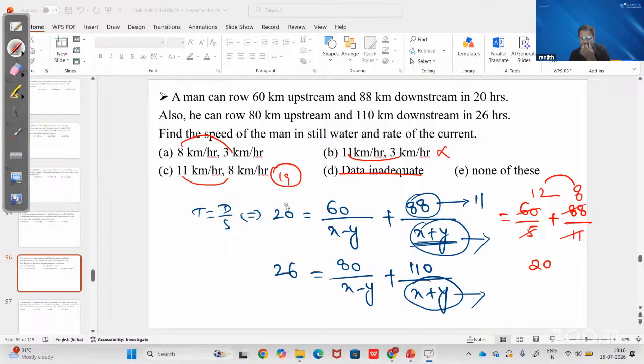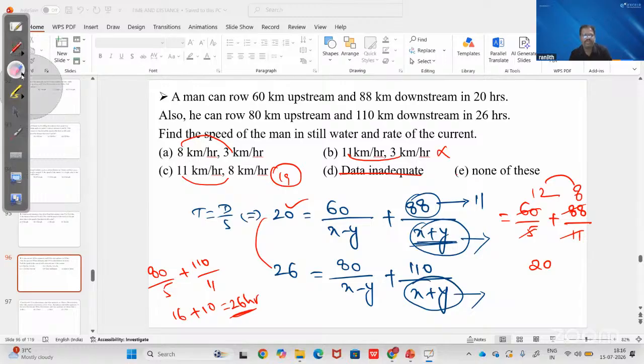I am getting 20 here. Here also, 80 by 5 plus 110 by 11, so it will be 16 plus 10 equal to 26 hours. So in both the cases, the values are satisfying. So the answer will be 8 is to 3.